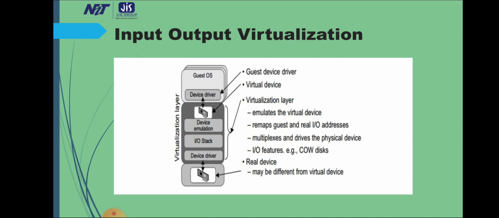There are a lot of challenges for commodity hardware devices. For example, when a physical device is reclaimed for later reassignment, it may have been set to an arbitrary state. That's all about input-output virtualization.